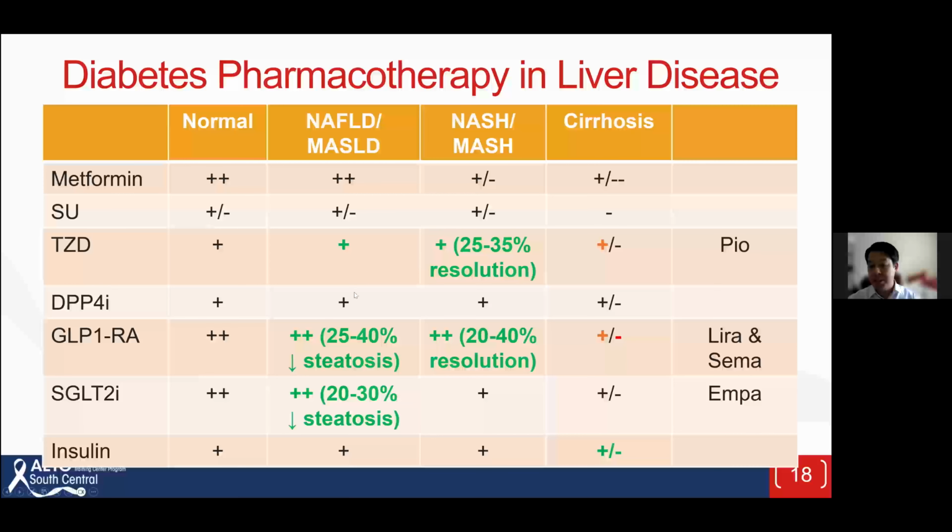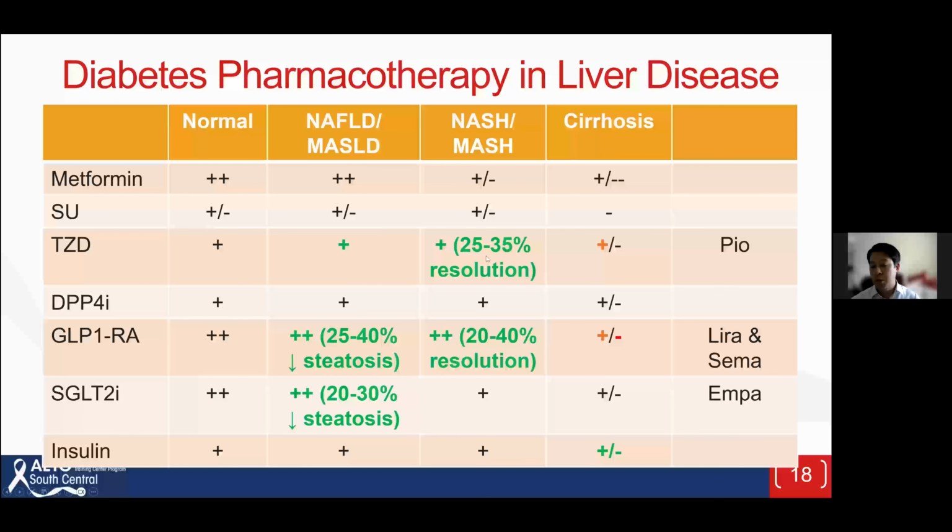Depending on what stage of liver disease you're in, the preference is GLP-1s because they help with weight loss. That helps reverse this process, but they also reduce steatosis by 25 to 40%. SGLT2 inhibitors have also been shown to reduce steatosis by 20 to 30%. A lot of this is due to reducing insulin resistance, and same with TZDs.